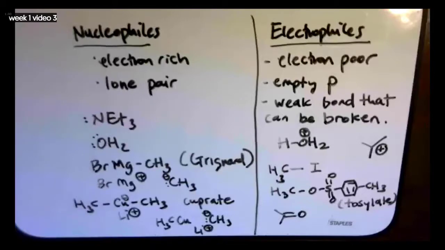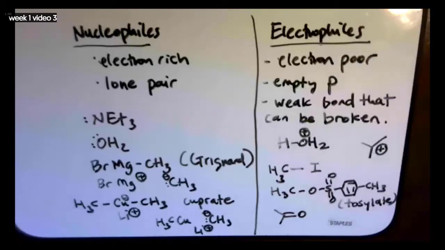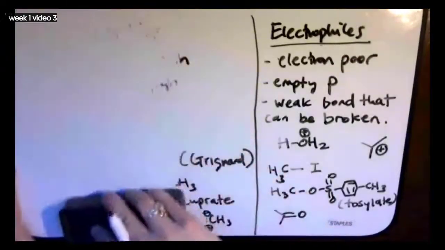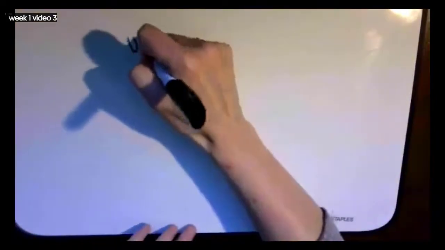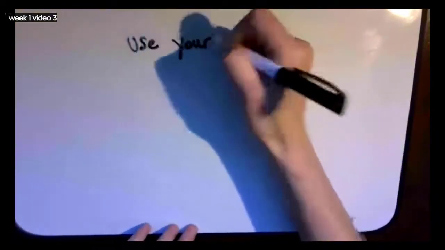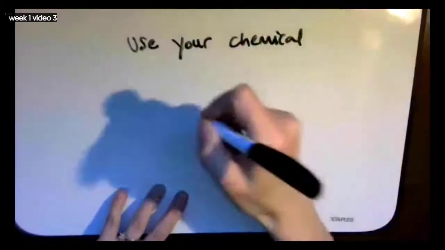Okay, so every time you look at an organic compound, the first thing that you should do is try to decide, is this a nucleophile or is this an electrophile? It is amazing how far that will actually get you. And we're going to talk in more detail about this, but use your chemical intuition.